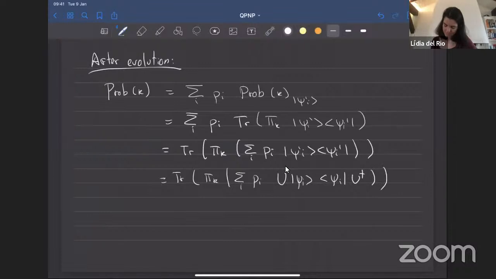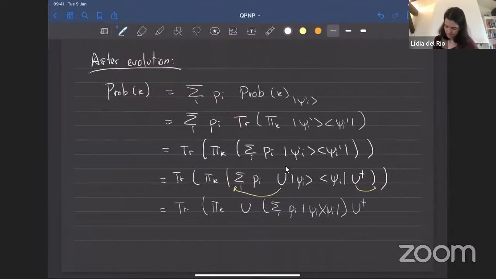And now, because they are unitaries, they don't depend on the i, they can come outside the sum. So then I just bring them out. So then it's a trace of pi k, and now U, this sum, and now U dagger.